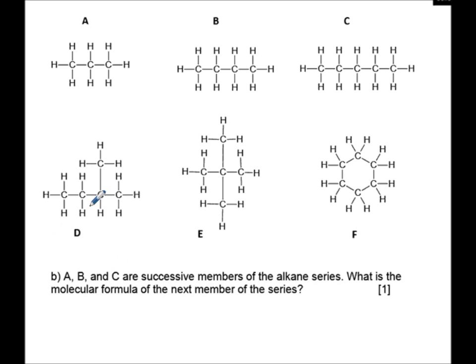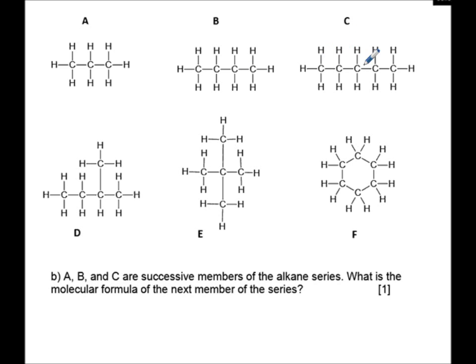Part B states that molecules A, B and C are successive members of the alkane homologous series, and then asks what's the molecular formula of the next member of the series. As you can see, molecule A has 1, 2, 3 carbons, and this molecule is propane. Molecule B has 4 carbons, so it's butane.